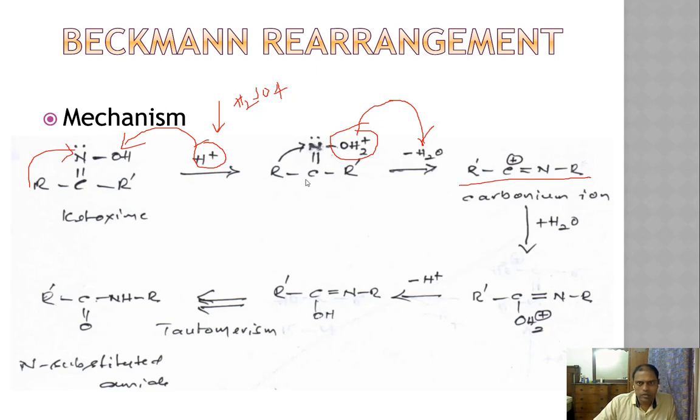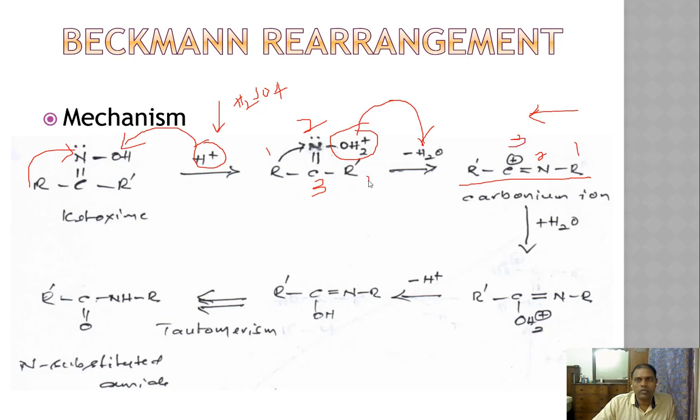So you observe this structure over here. Here it is written NR, starting from this side. This is first, this is second, and this is third, carbon.